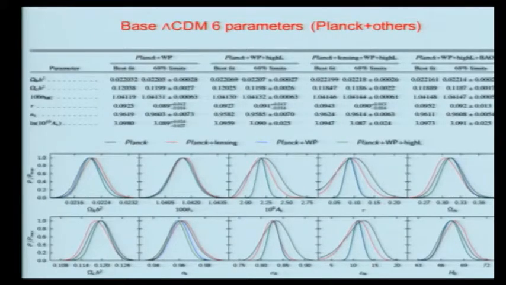So when we have concordance with other probes, then we can combine them and get better constraints. This is what this table is showing. You see here the same 6 parameters of the base standard model.